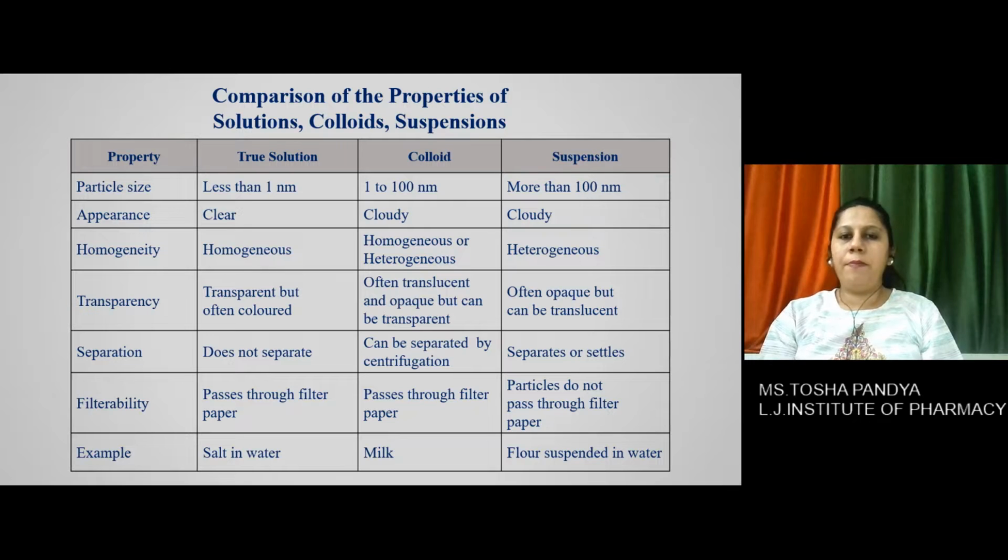For example, salt in water is a true solution, homogeneous in nature, whereas milk is an example of a colloidal dispersion, and flour suspended in water is an example of a suspension.